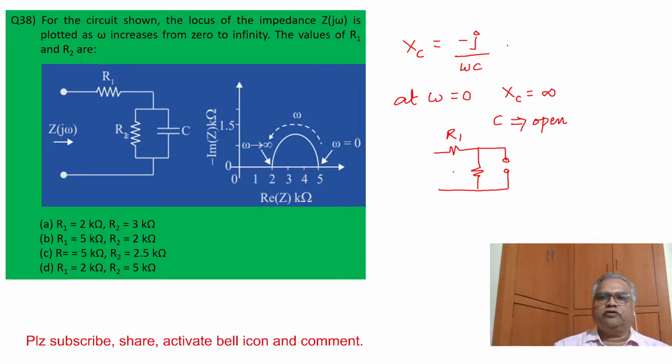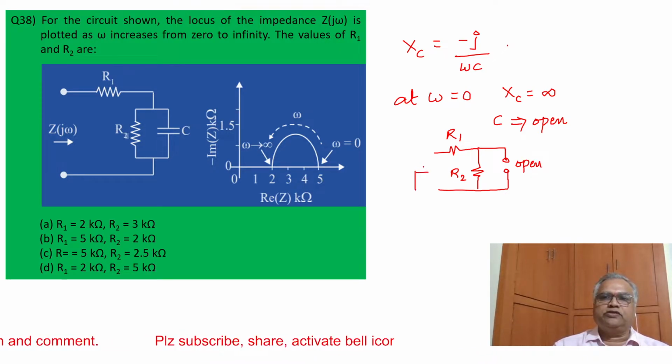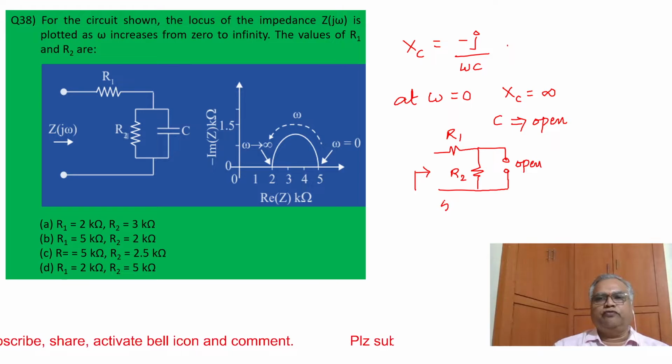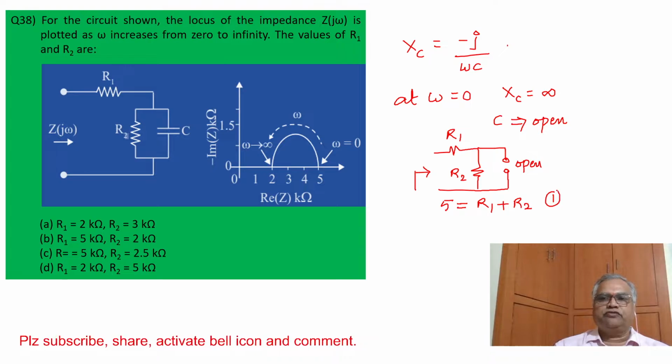Here it is R1, this is R2, and the capacitor is open. The impedance given at omega equal to 0 is 5. These two are in series, so 5 is equal to R1 plus R2. This is one equation.